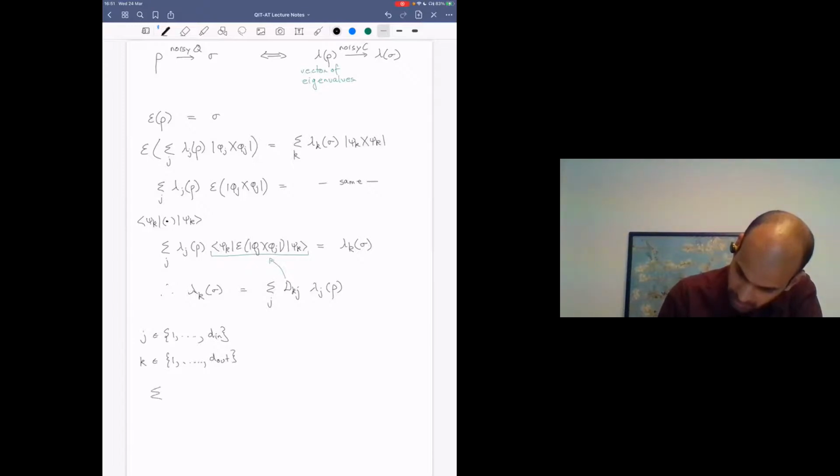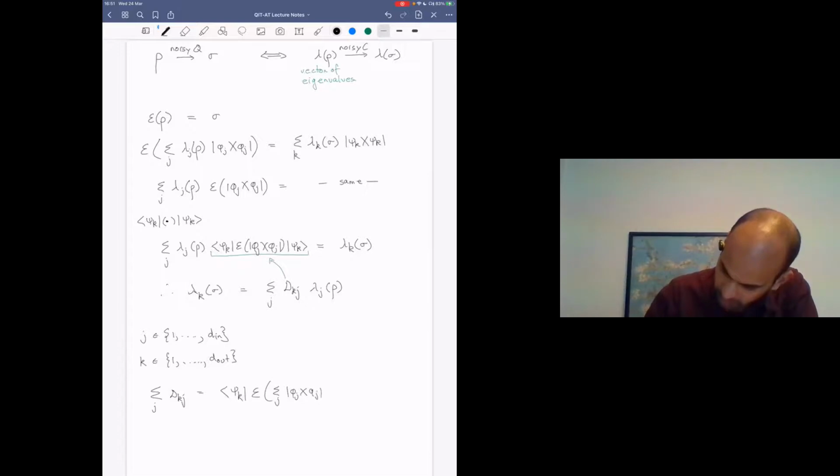So then let's take the sum over j of d_kj. The sum over j can be taken inside. I have the map epsilon acting on the sum over j of phi_j, acting on psi_k. This, as we know, is just the identity operator on the input space.